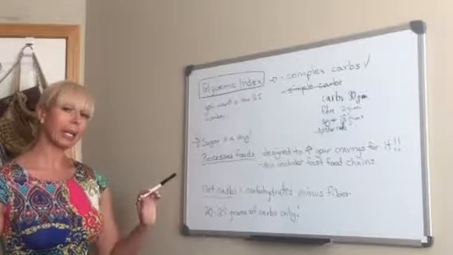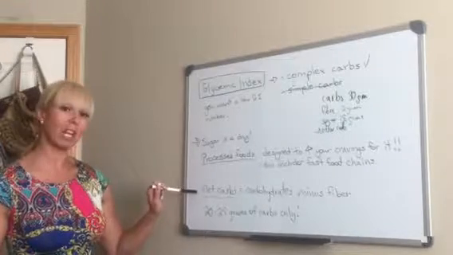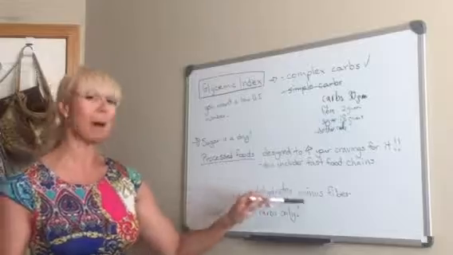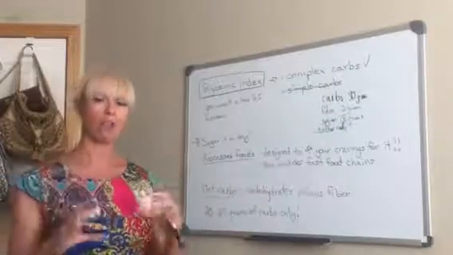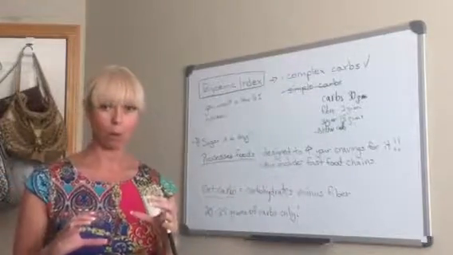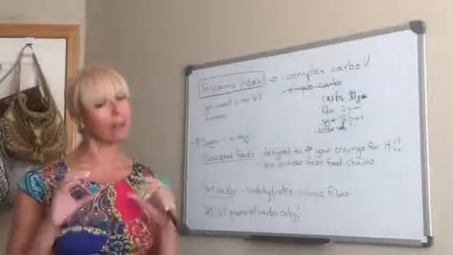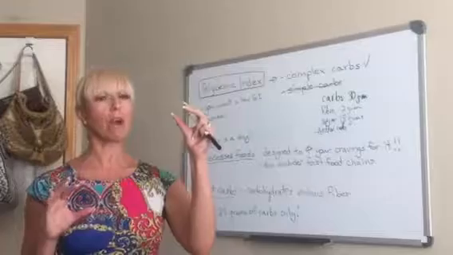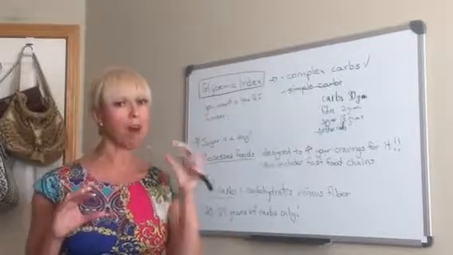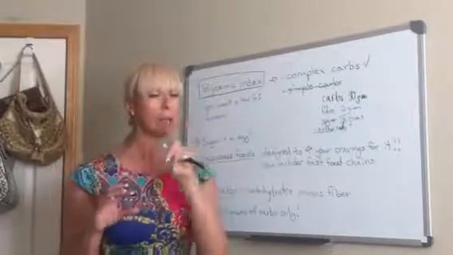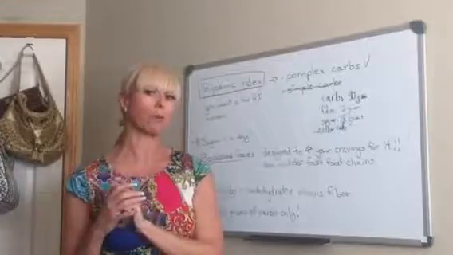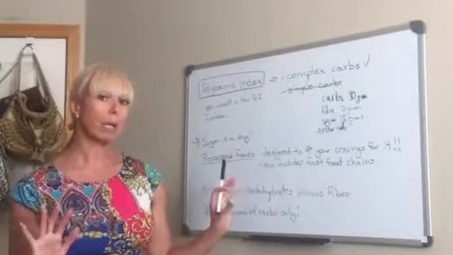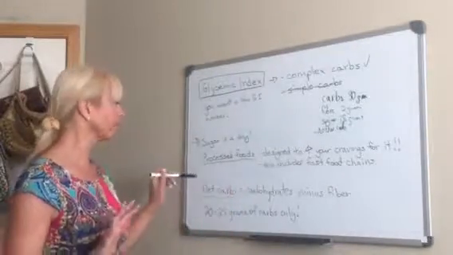Now, when you're calculating what the carb is, you have to look for the net carbs, which is the carbs minus the fiber. That gives you your net carb amount, okay? And for some foods, it is a big difference. So if I've got 5 grams of carbs and it's giving me 4 grams of fiber, that's only 1 gram of carb I have to count. So that's important for you to recognize, all right?